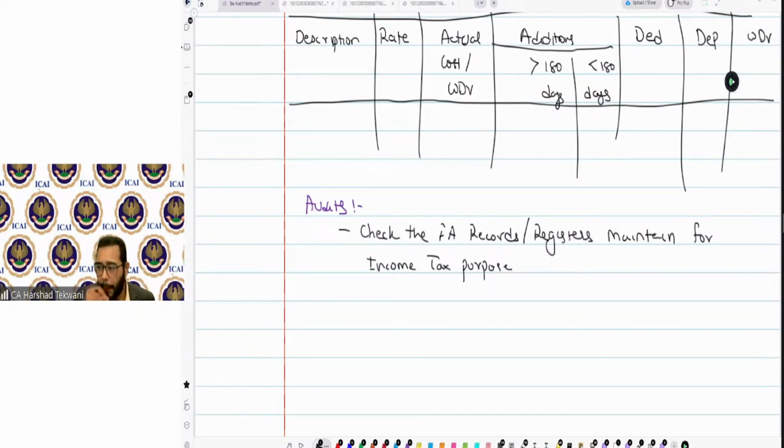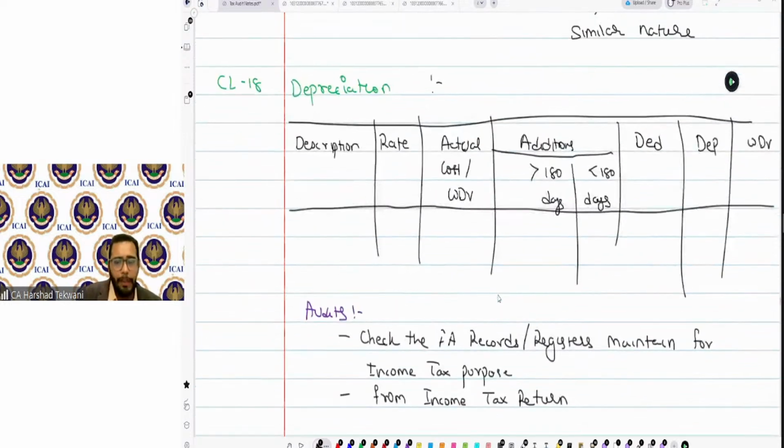Then you can check these details from the income tax return filed for the last year. So the closing WDV, okay, of last year should be the opening WDV of this year, basically cross-referencing with the last year details. Okay.